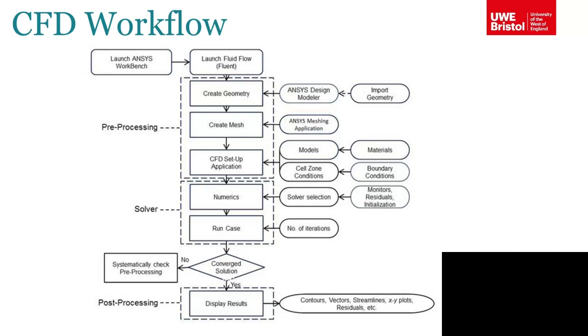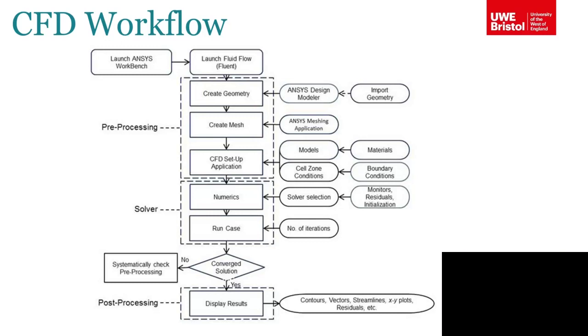So once you've got the geometry, you create a mesh, and then you set up the problem, giving boundary conditions, etc. Then you give the numerical values to it, and you use a solver, and then you run the case. Once you've run the case, it can converge or diverge. If it diverges, you go back and make some changes so that you get a converged solution, and then you post-process.